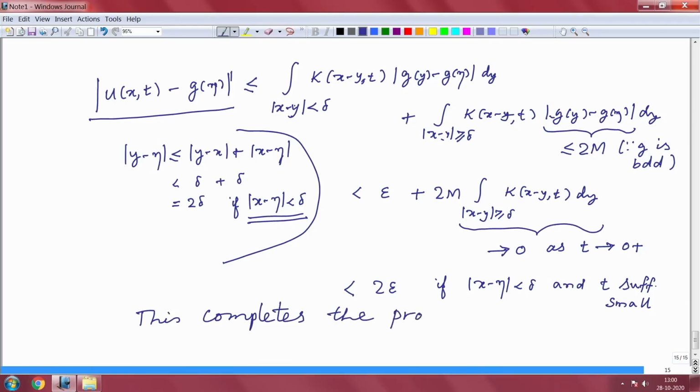Though we started with some heuristic arguments, we have arrived at a formula for a function u, and we are able to show that it is a solution of the heat equation and also satisfies the initial condition as described in the theorem.